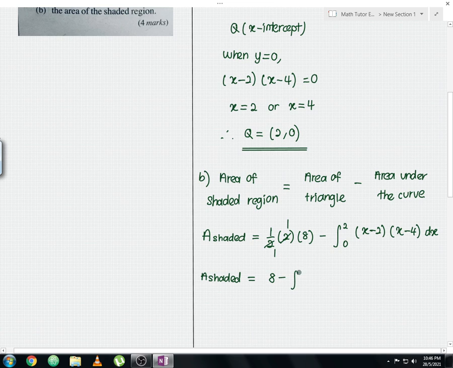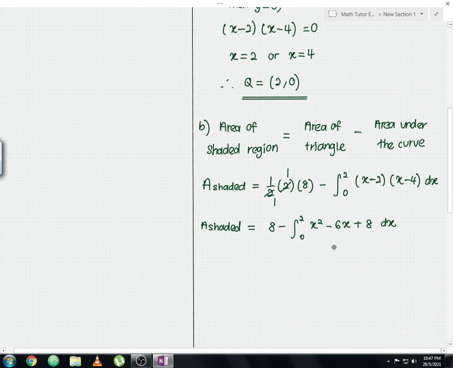So from here, integral from 2 to 0, you expand the bracket, you should get x square minus 6x plus 8, with respect to dx.